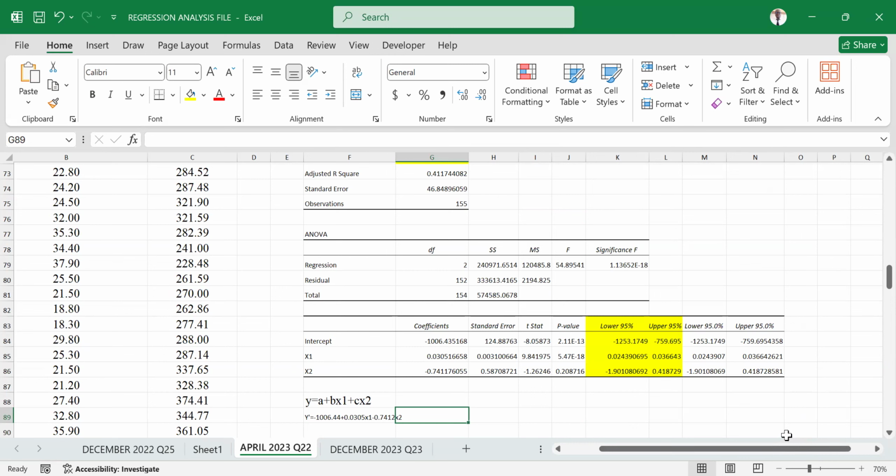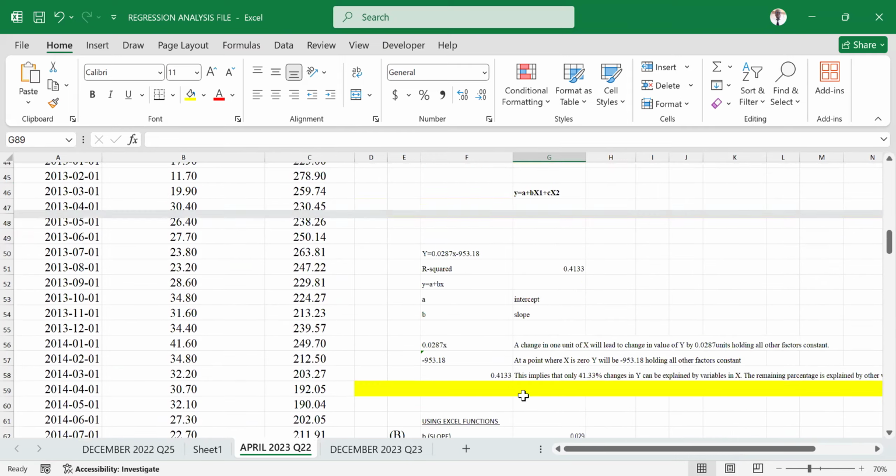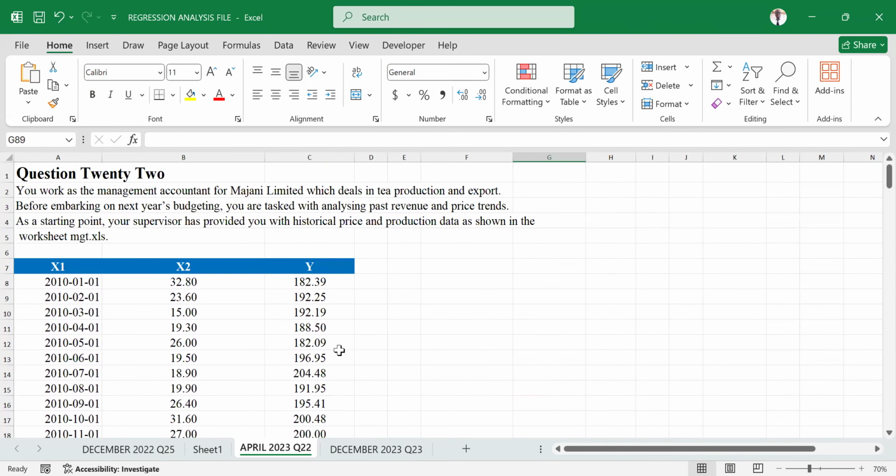So once you know how to play around with that, and whenever you are running the regression analysis, when you include the title, like in our case, we renamed the date to be X1, we renamed this to be X2, that is to represent the other variable.